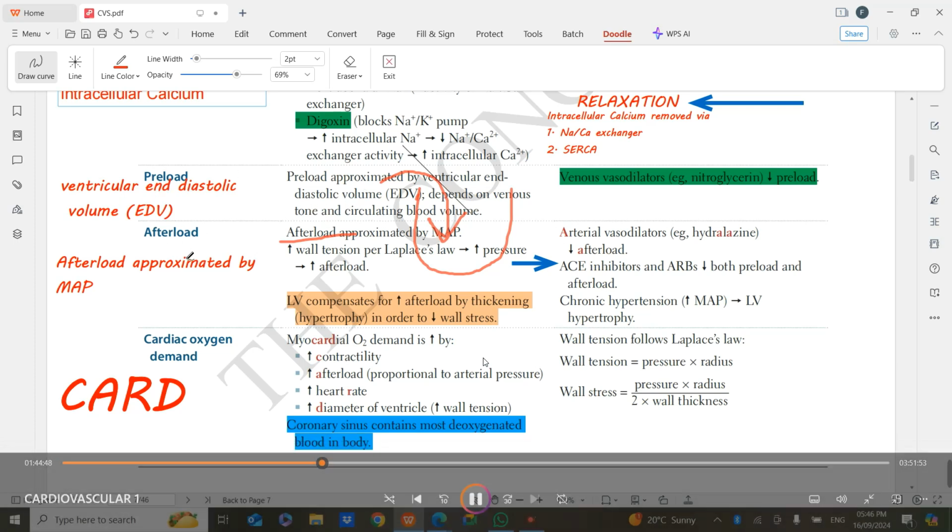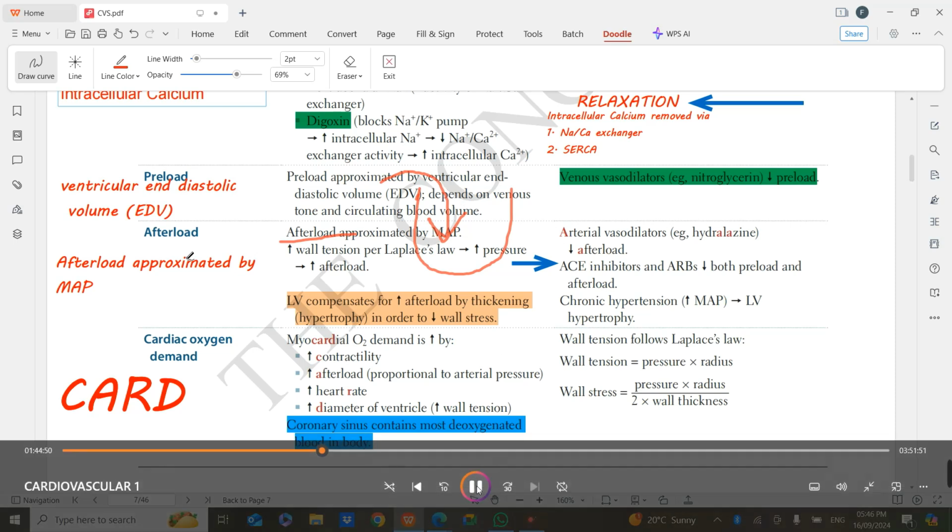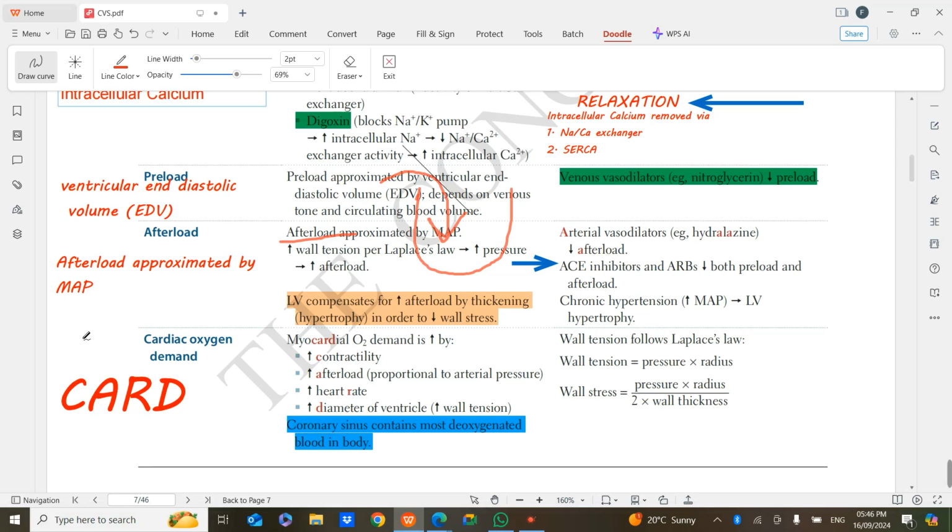Look at the afterload. When you read afterload in a question, just approximate it to mean arterial pressure. MAP, mean arterial pressure. How do we calculate our mean arterial pressure? Our mean arterial pressure is equal to diastolic blood pressure plus 1/3 of pulse pressure.